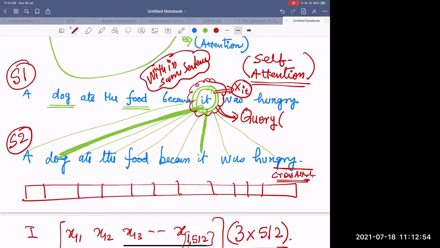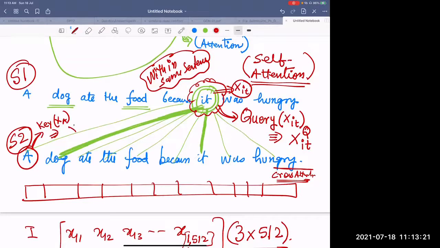Then I apply this query function over this x of it. This is going to give me x query it. Okay. Now for each of them, I will apply the key function. Key of x a is going to give me x key a.